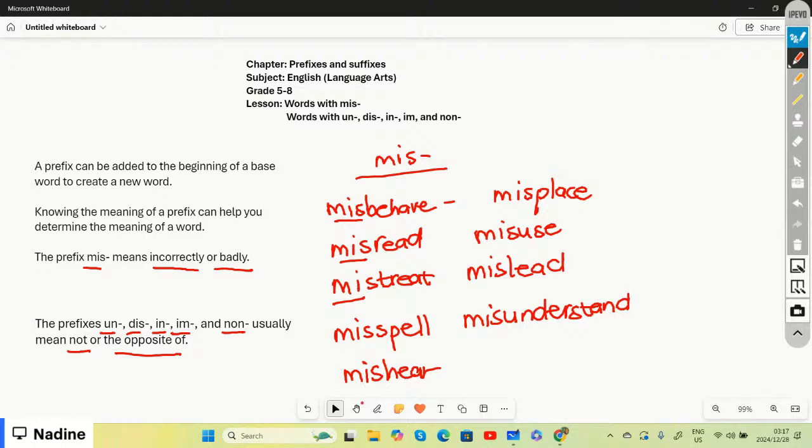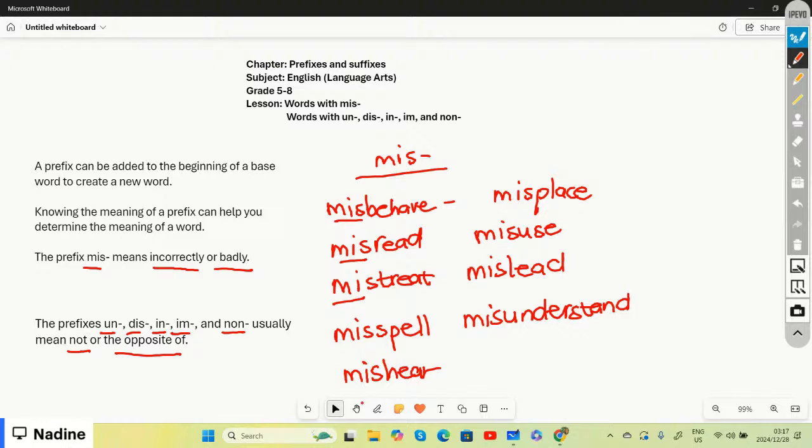So we're going to look at a few examples of these prefixes.